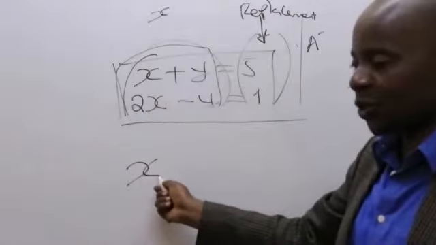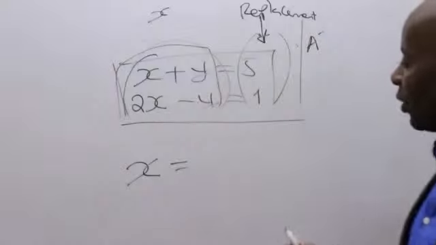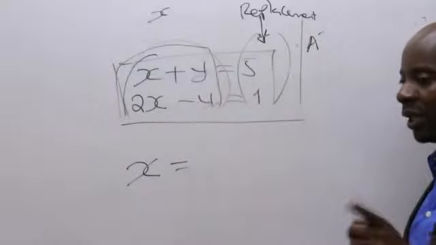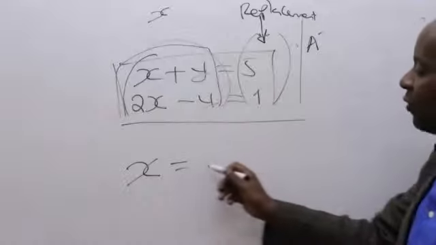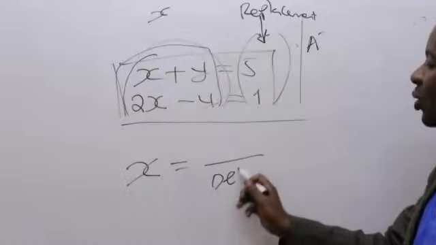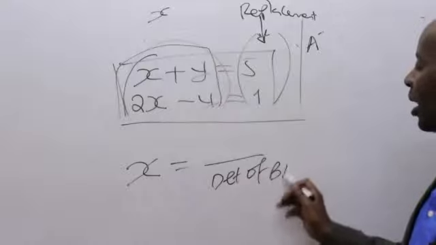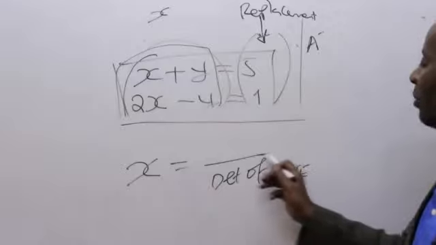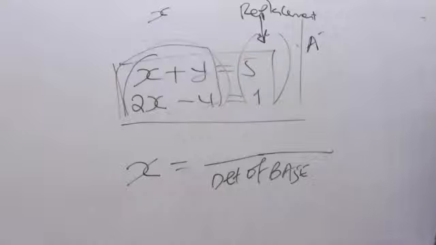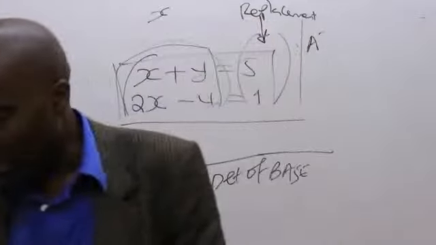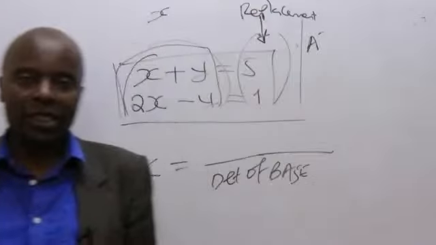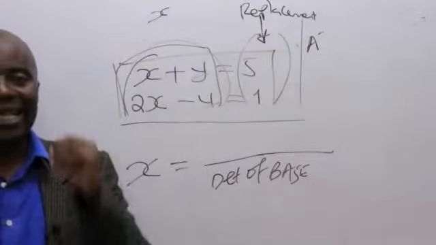such that if you want me to give you the value of x, I will come and talk over, listen to me very well, two things. I'll be having the numerator matrix divided by determinant of the base. I wish somebody can just understand this once and for all, because this is quite an interesting thing, something that all of us did in high school.